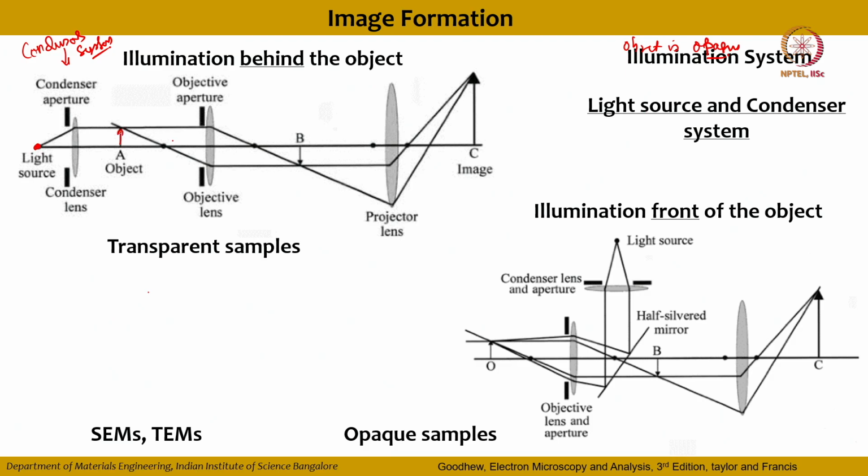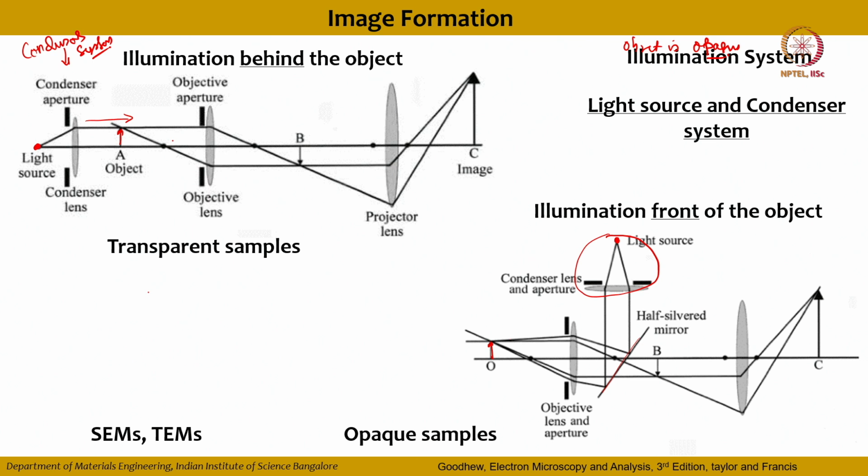If the object is transparent, then your illumination is in this direction. The rays will fall in this direction. But if your object is opaque, then usually they use a source of light by using the condenser lens system, and they will use a half silvered mirror so that it will be illumination from the front of that particular opaque object.